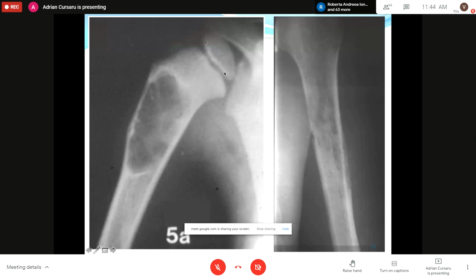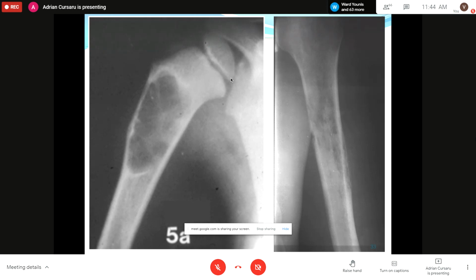I have a question. Could somebody tell me what that is? That's a humerus. That's a bone tumor on the proximal part of the humerus. That's the glenoid. And could anybody tell me what this is? Head of the humerus.